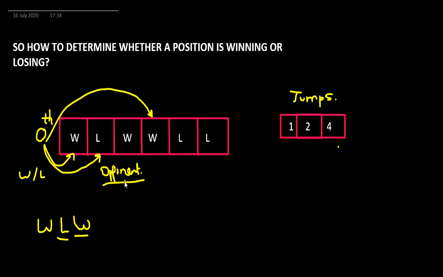And if he loses the game, the other player wins it. So the player who had earlier landed at the losing position wins the game. So his approach would be to land at a losing position. So this is a winning position conclusively, since we are able to reach a losing position. If there is even one losing position that we can reach from here, then this place would be declared as a winning position.